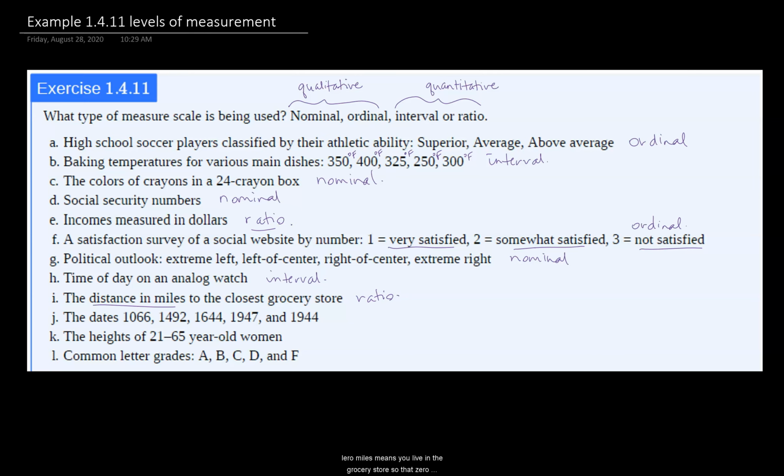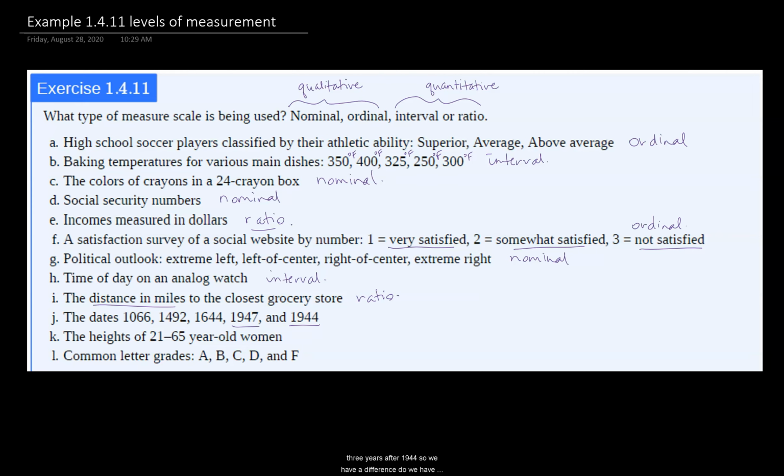J, dates: 1066, 1492, 1644, 1947, 1944. We have some random years given to us. So we have numerical data. It is perfectly valid to say 1947 is 3 years after 1944. So we have a difference. Do we have a year 0? It turns out we don't.